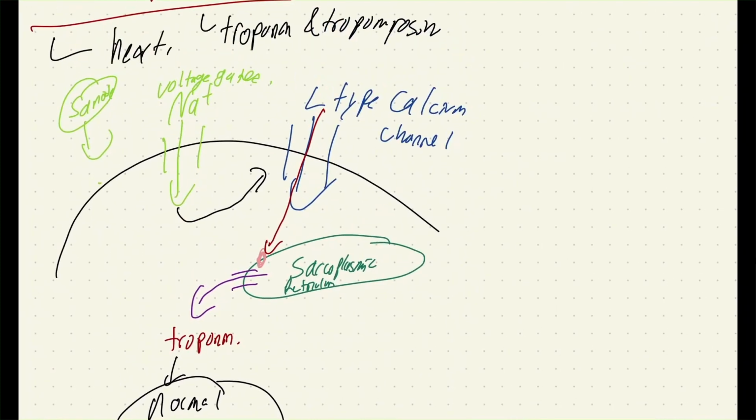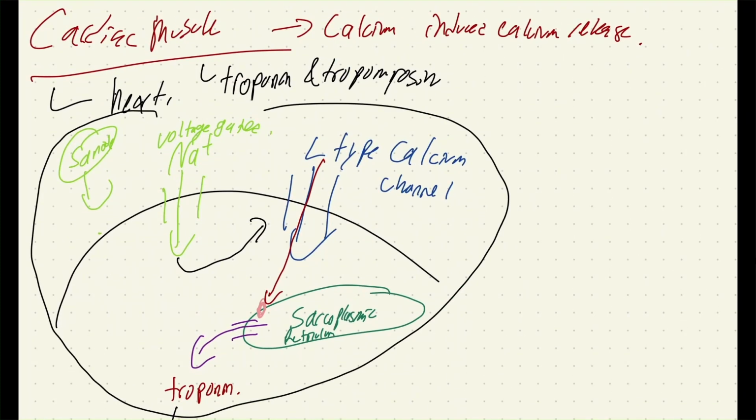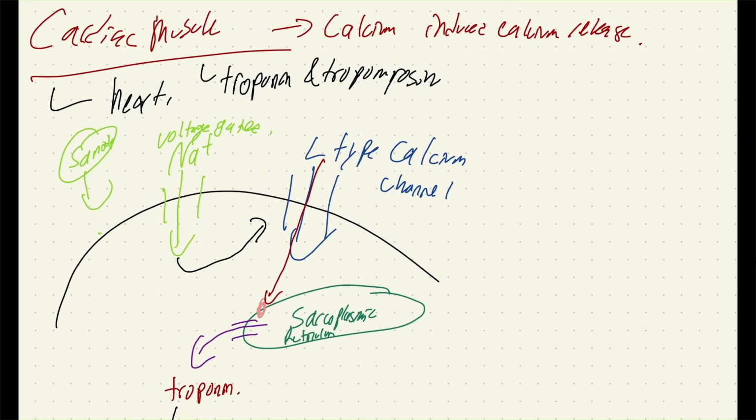The only thing that is different is the way that it's activated, right? So instead of skeletal muscle, where you have the motor neuron, acetylcholine, right, yada yada yada, this one you just have the action potential, so there's no acetylcholine. It's going to open a voltage gated sodium channel, and then that will open an L-type calcium channel.